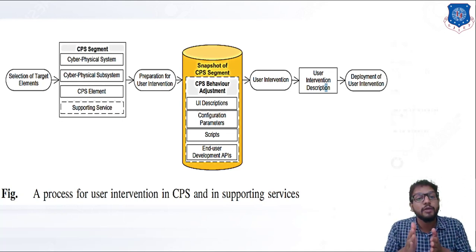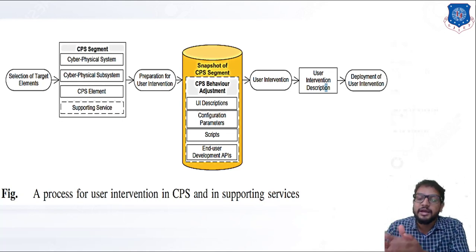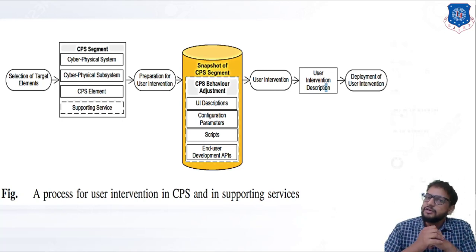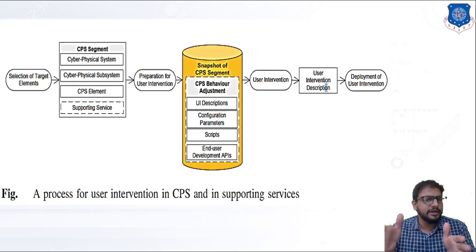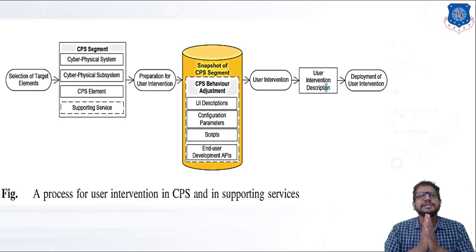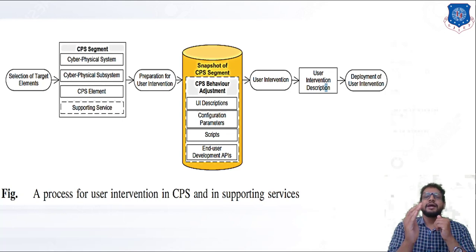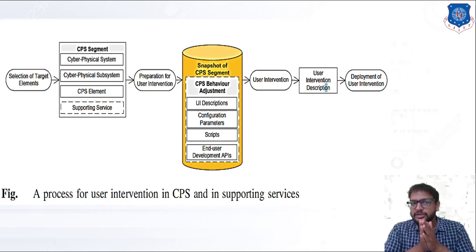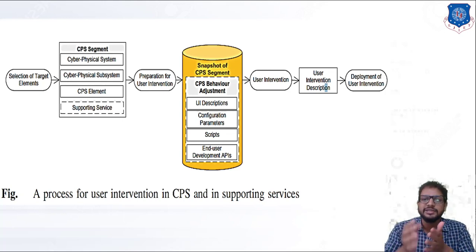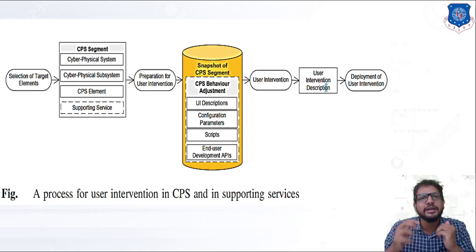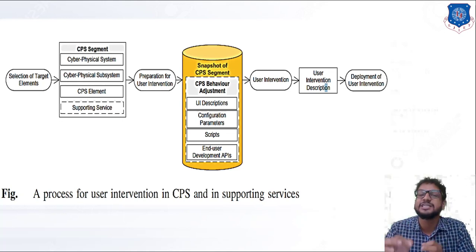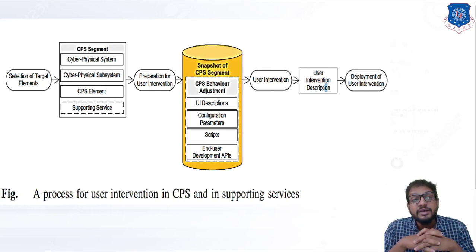Which means the deployment of the changes will be done inside the element, and after that the CPS is going to finally activate the target element of the user intervention, and finally the change has been accepted. We can say that. So this is the whole process, starting from selection of target elements, then preparation of a user intervention, the user intervention, that is the change which has been made, and finally deployment of a user intervention which is done by the cyber physical system.